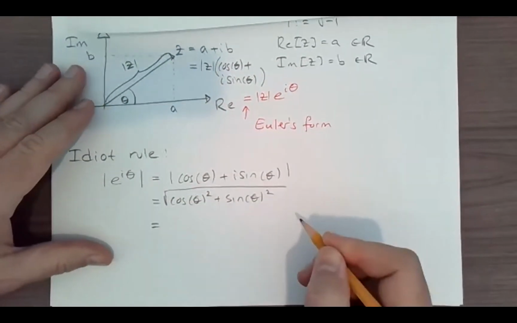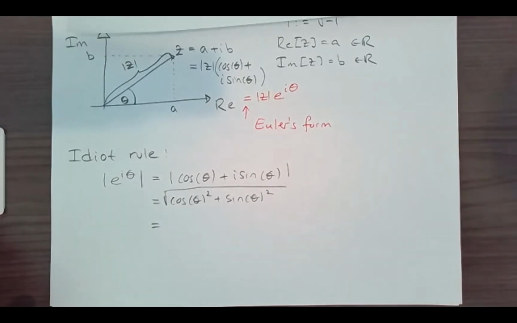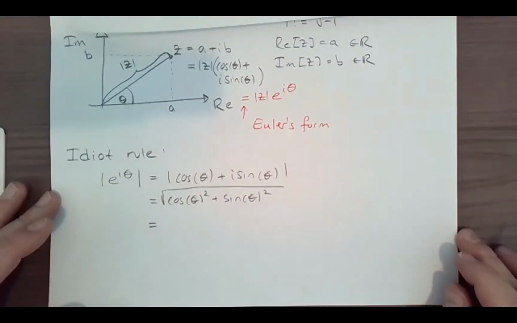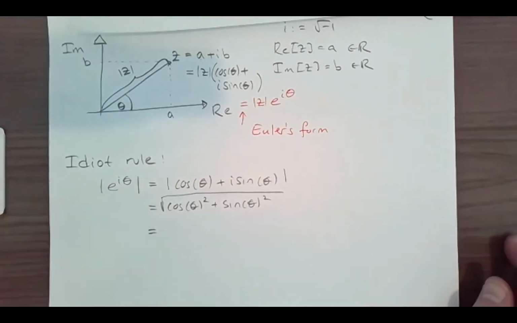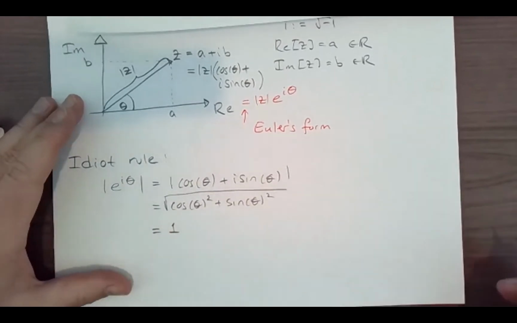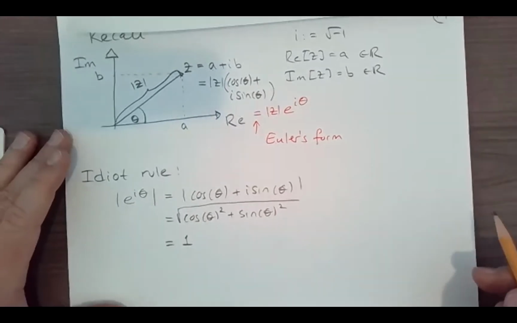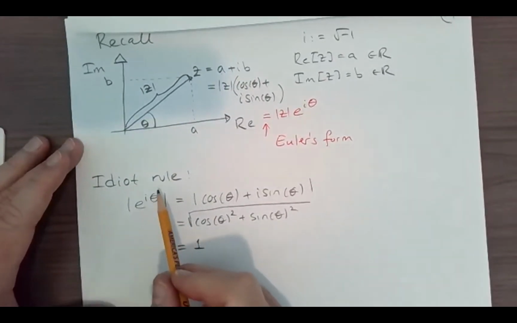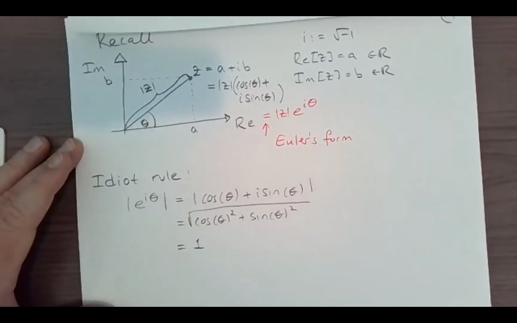And what do we get here? Yes, we get 1. So the idiot rule is that when I take the absolute value of this Euler form, I get 1.